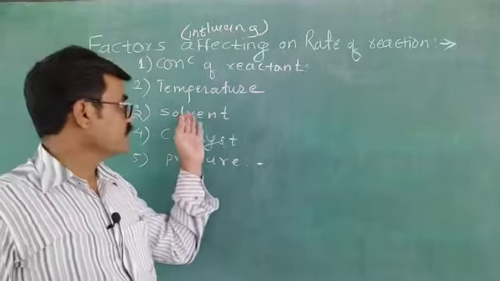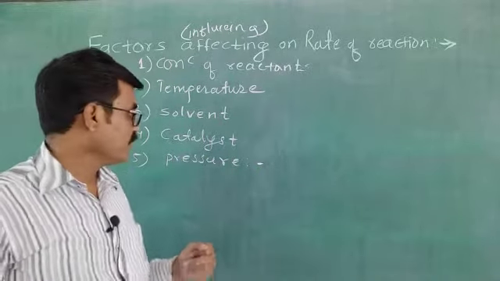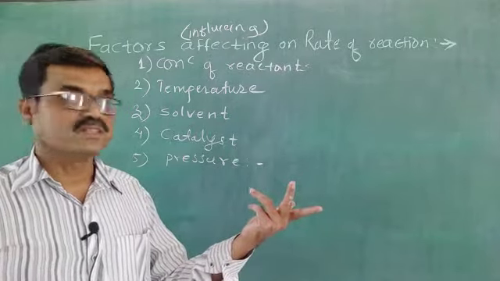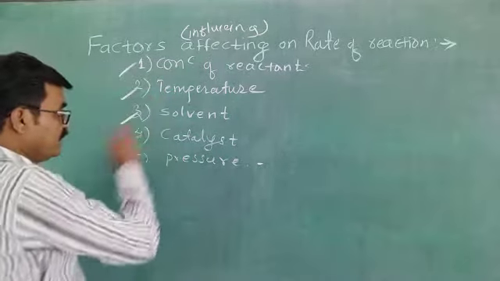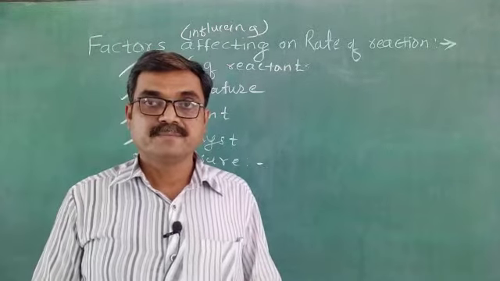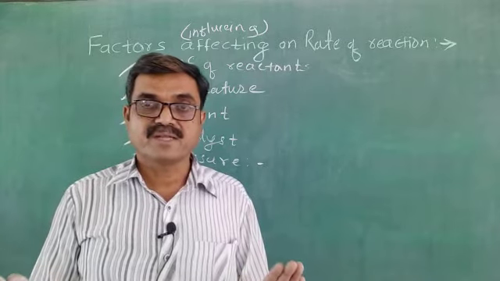That's why the rate of reaction also depends upon the nature of solvent. Catalyst increases the rate of reaction. Now pressure: for gaseous reactions, as pressure increases the rate of reaction also increases. In this way these are the 5 important points affecting the rate of reaction. Here we completed the factors affecting the rate of reaction.